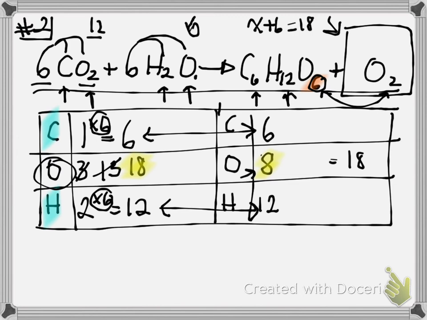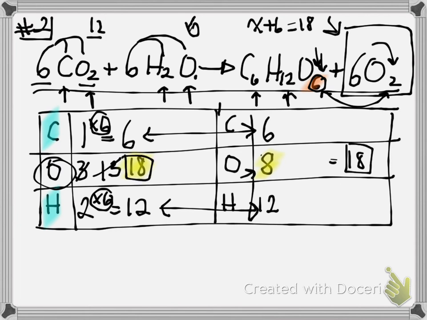That means that something times this oxygen over here should give me 12 oxygens to add to the 6 I already have over here to get 18. So if you do a little bit of math, you can realize that if you have a 6 over here, 6 times your 2 gives you 12 oxygens, plus, again, the 6 you have over here gives you that 18 you need to be equal on both sides.